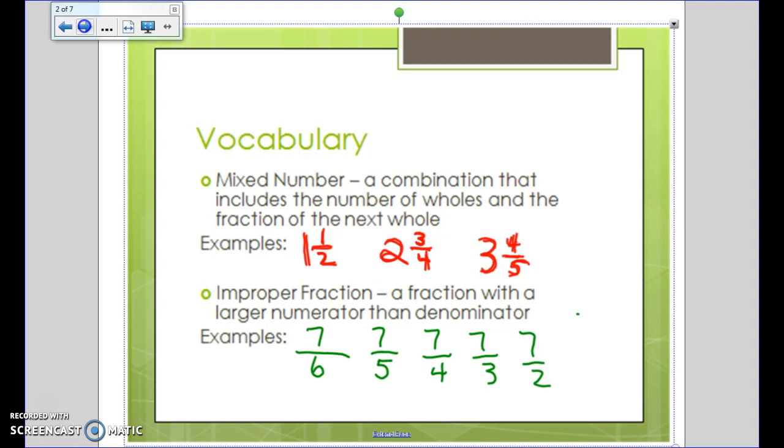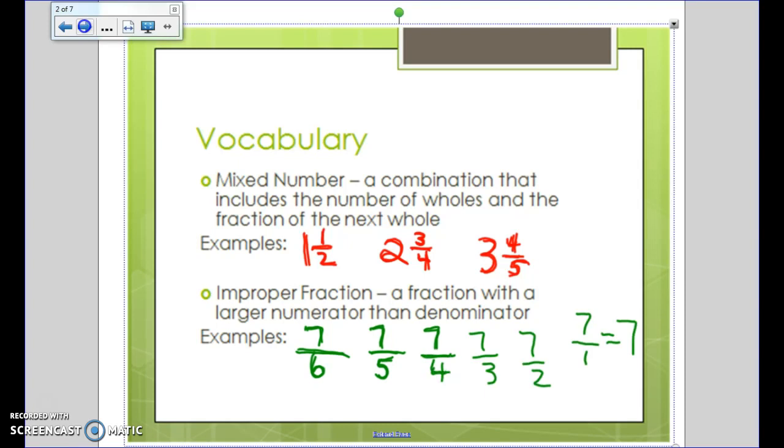I would not write 7 over 1 as an improper fraction because 7 divided by 1 is actually 7. So that would not be an improper fraction. That would actually be the whole number 7. But an improper fraction would be when the top number is bigger than the bottom number. We call that an improper fraction.